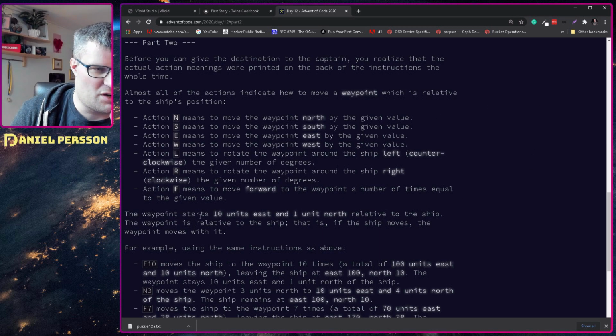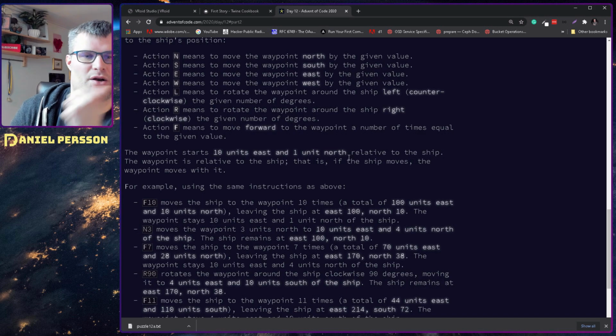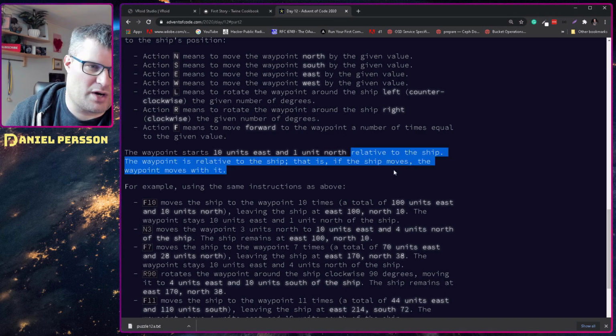The waypoint starts at 10 units east and 1 unit north. Relative to the ship, that is. If the ship moves, the waypoint moves with it.